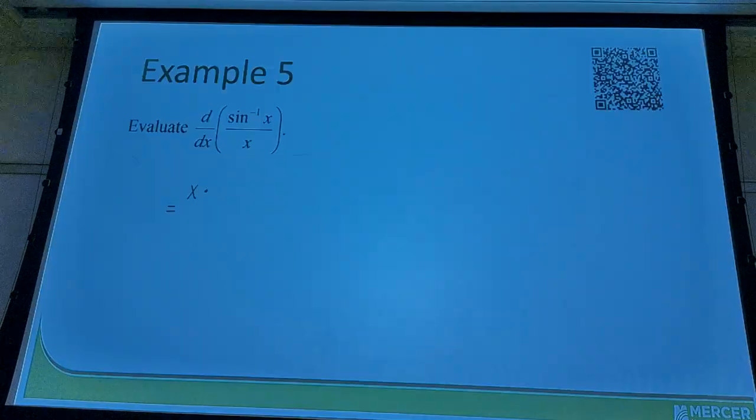What is the derivative of inverse sine? One over the square root of 1 minus x squared. How do you do that? That would be quotient rule, right? Now simplify.